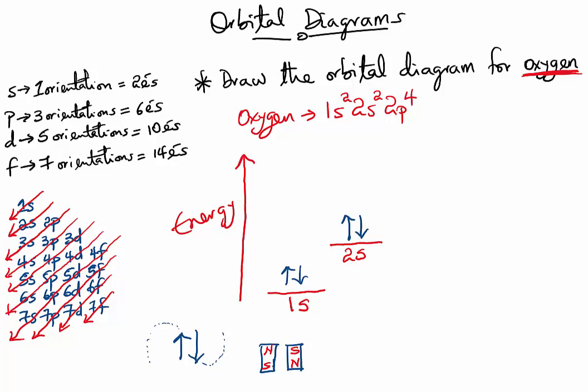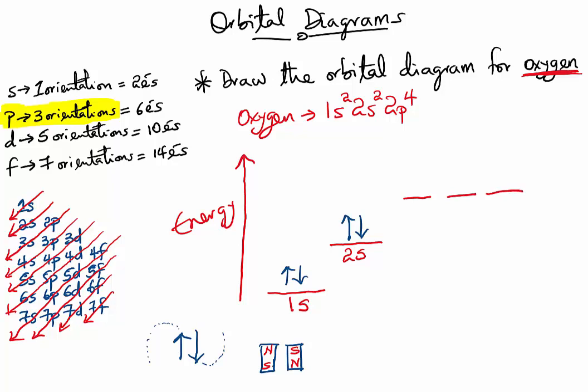And then after the 2s orbital, we have the 2p orbital. Now, the very first thing to remember about any p orbital is that a p orbital has 3 orientations: px, py, and pz. So we should have 3 orbitals.